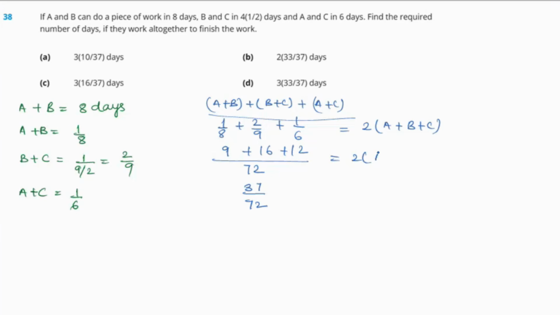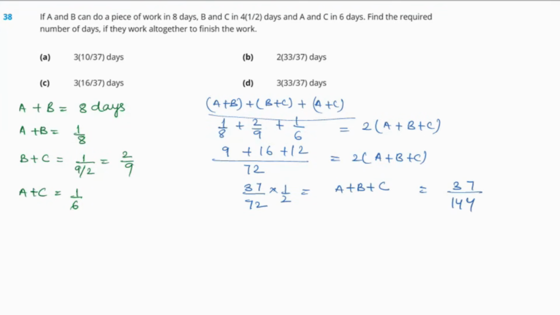So now what we can do, we can take this 2 over to that side, so it goes into division only. So A plus B plus C, we are going to get as 37 by 144. Okay.